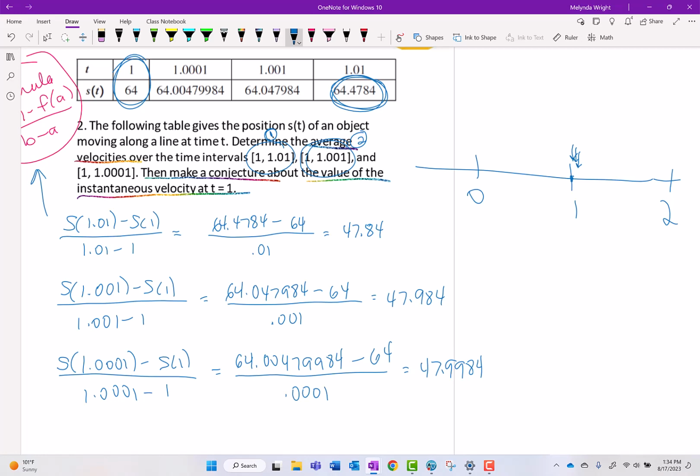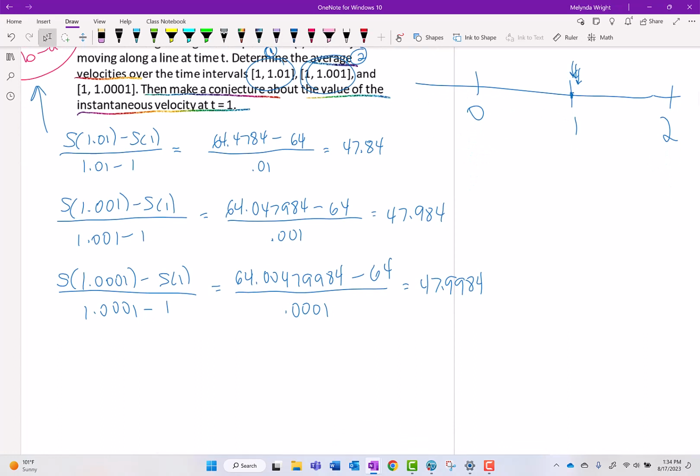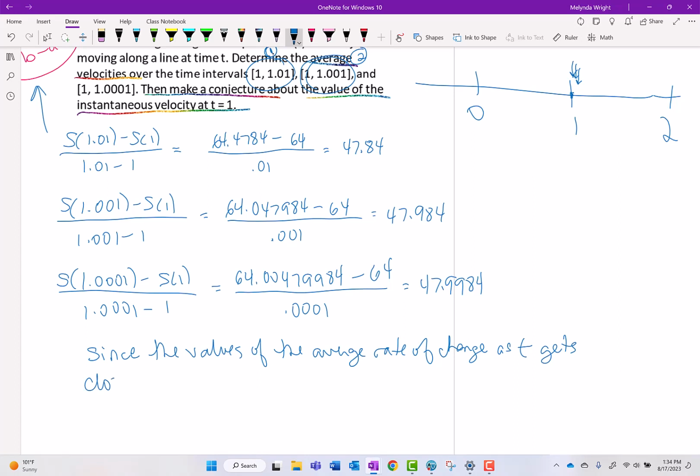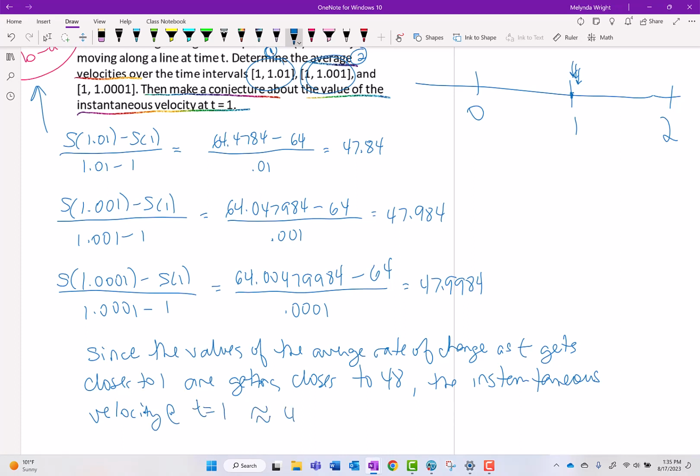So that's what we would write our conjecture about. Our conjecture would be: since the values of the average rate of change as t gets closer to 1 are getting closer to 48, the instantaneous velocity at t equals 1 would be approximately 48.